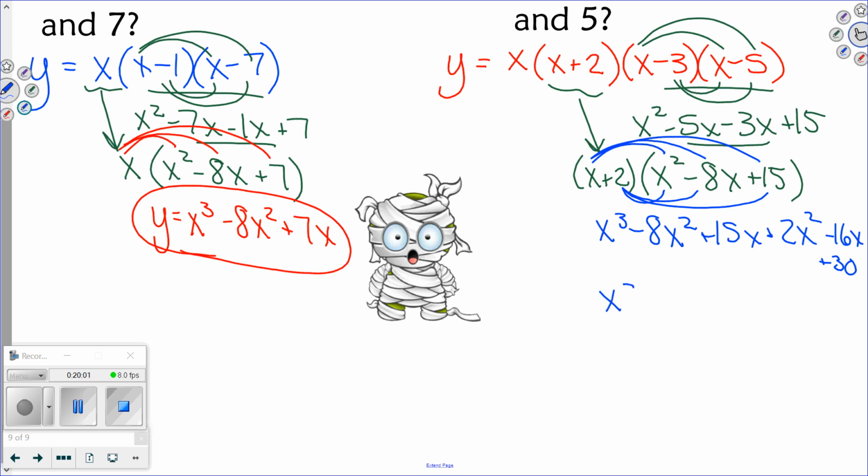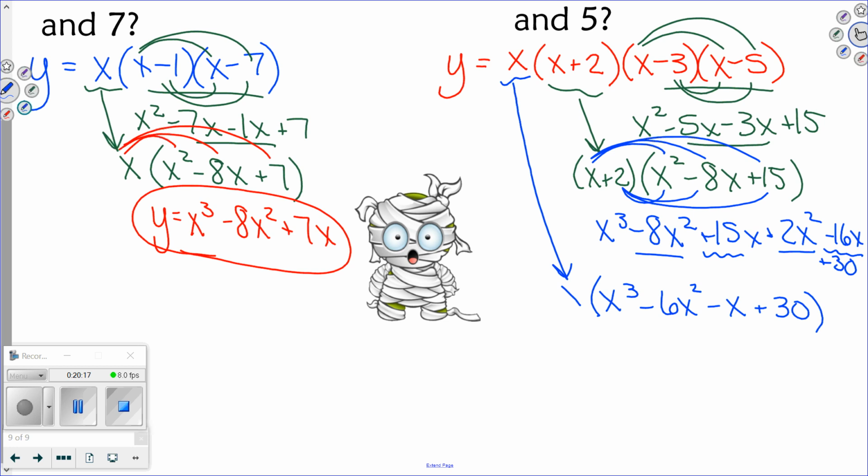All right, like terms, we get x cubed. It's going to give me negative 6x squared minus x and plus 30. And then I still have that baby brother out in front.